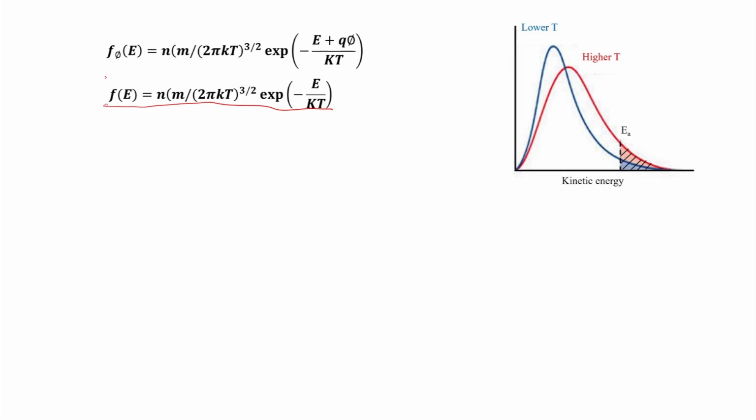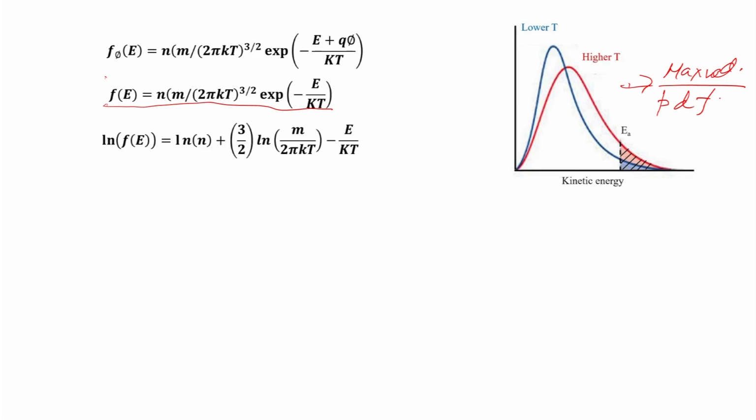Now, the condition is, you see, this energy is positive. This is the Maxwell distribution, the Maxwell PDF, probability distribution function. So, if this is the case, there cannot be any negative energy. Now, in order to know the shifting, what will we do? We will take the logarithm on both sides.